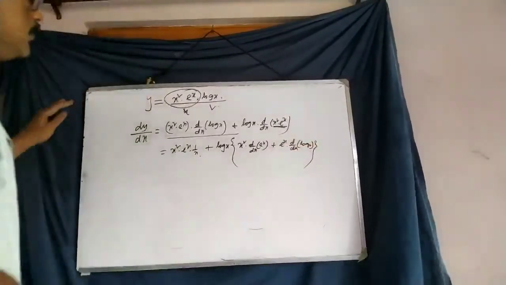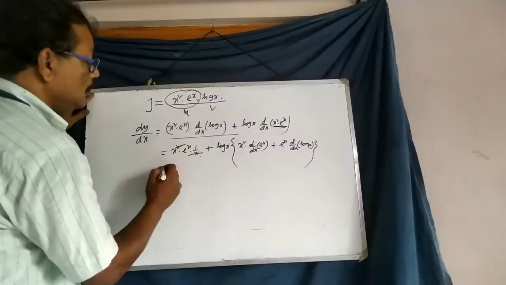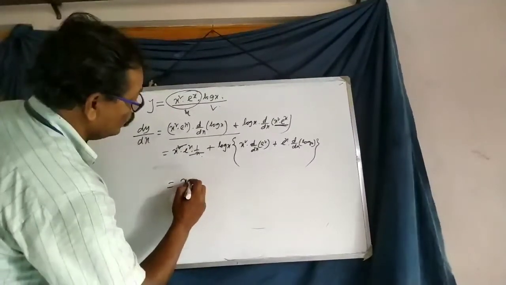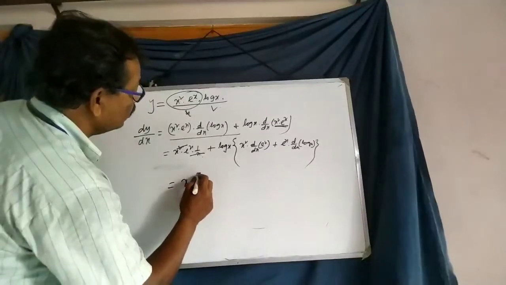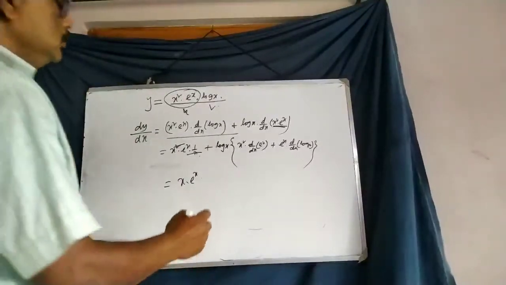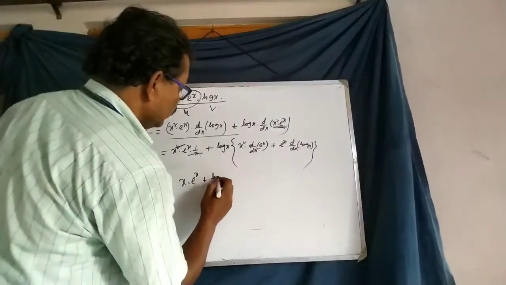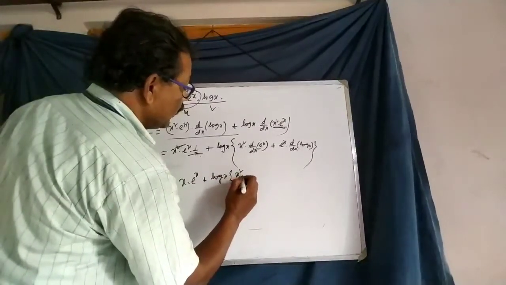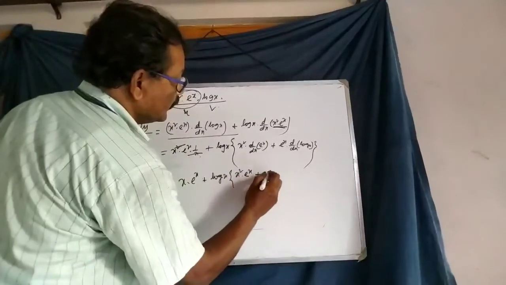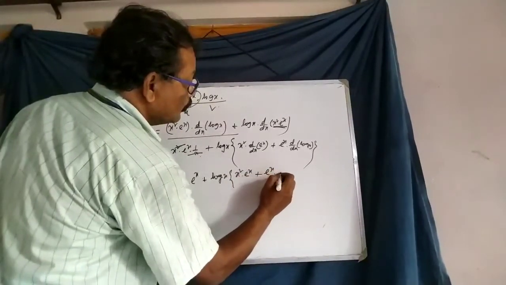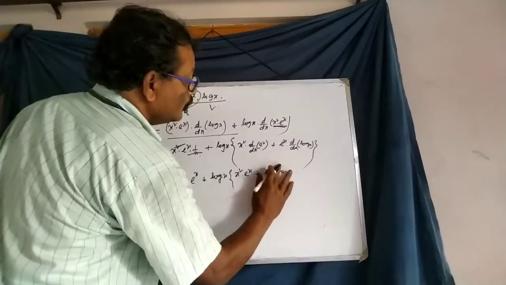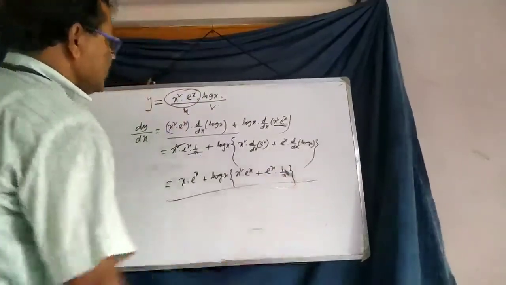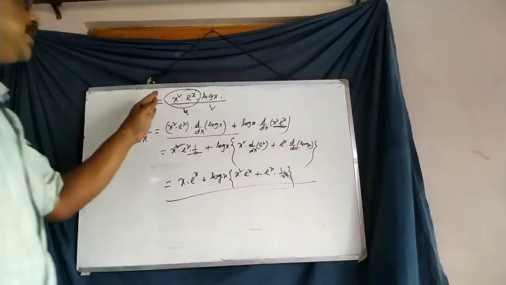So the result is x into e to the power x plus log x into x square e to the power x plus e to the power x into d/dx of log x, which is 1 by x. This is the result, and this is the differentiation of the product of the three functions.